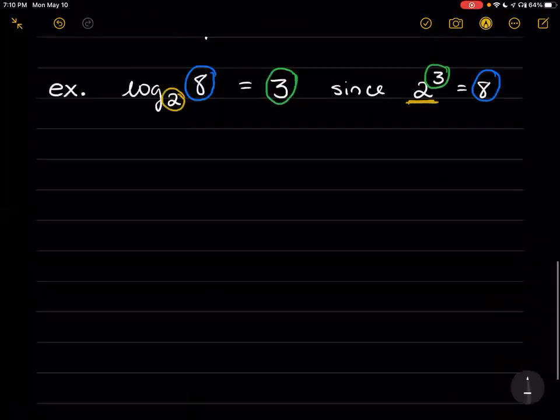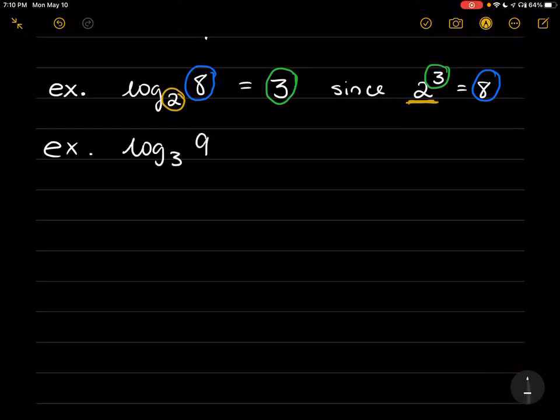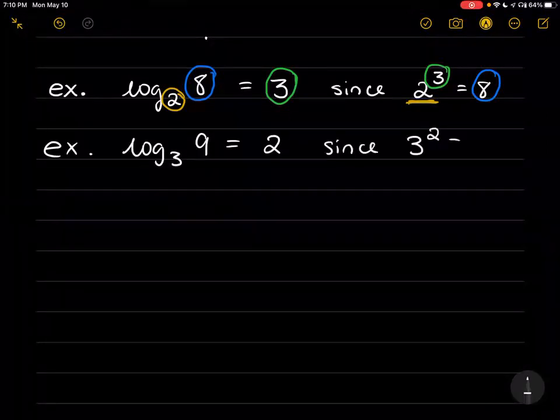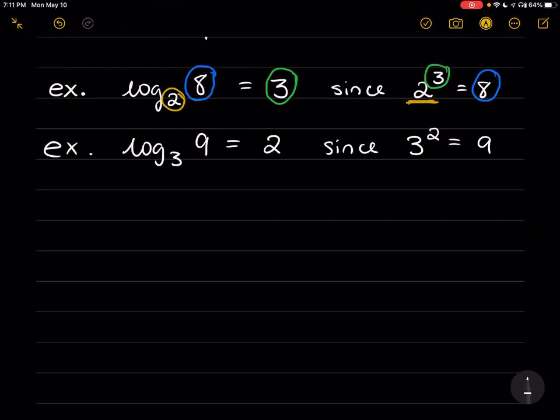Okay, let's look at another example. If we did logarithm base 3 of 9, we ask, what power do we need to raise 3 to to get 9? I think the answer is 2, since 3 squared, 3 to the 2, gives you back 9. We can do this for more complicated numbers as well.